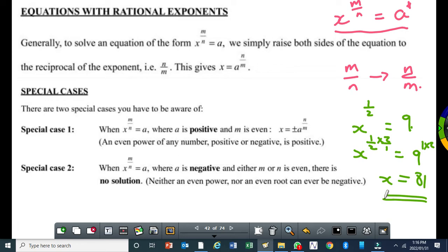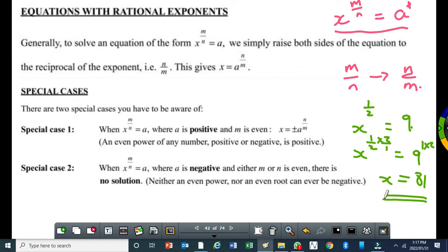So you can have a case where the constant a is positive and m, which is the numerator of the rational exponent of x, is an even number. Remember, when you are trying to solve for x, you interchange the numerator and the denominator of the exponent of x.